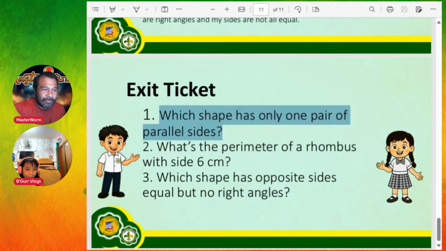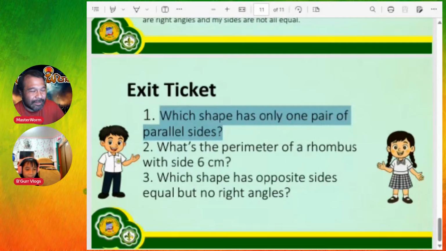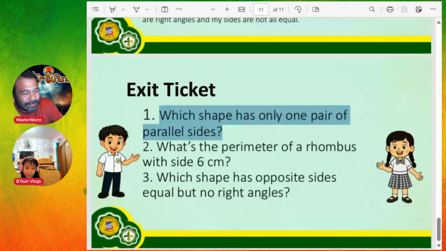I thought you knew your multiplication already, right? You did multiplication, no? 6 times 4, just to make sure.